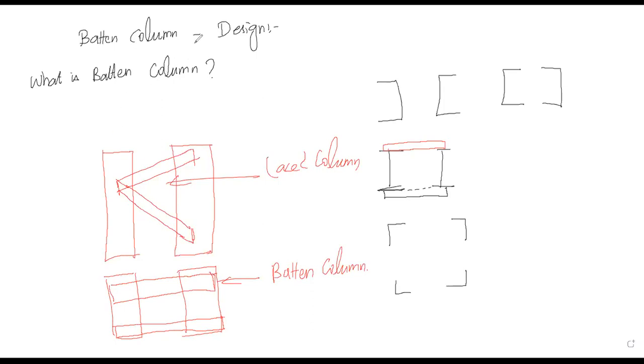So as it is, the spacing between the two compression members is nothing but D. That is the same here also. And here we are going to have the connections, that is, the bolts are like this.